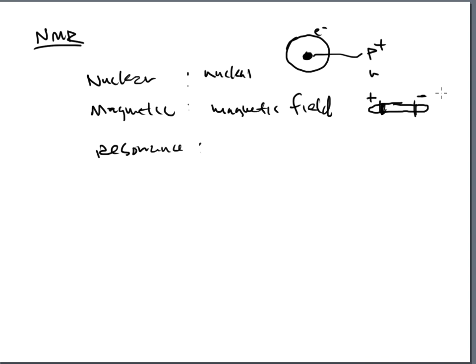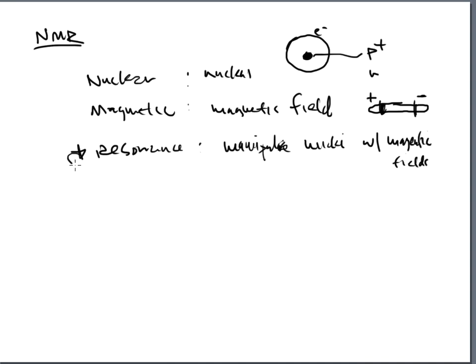Finally we get to resonance. Resonance basically means a way that we can manipulate the nuclei with magnetic fields. This is what it's going to focus on. So here's the long story.